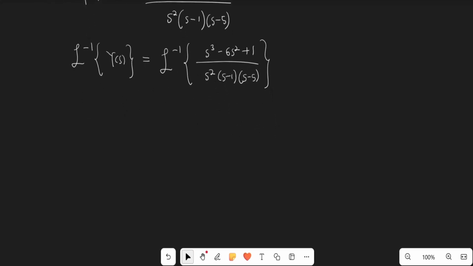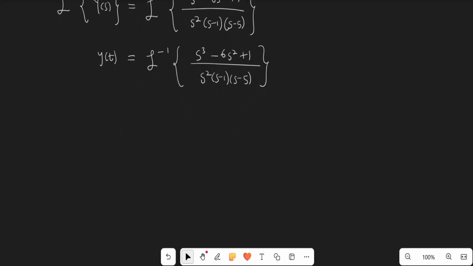So the Laplace inverse of Y(s), so we are going back, is now going to return y(t) in the t world, and this is equal to what we have here. We will now have to solve the Laplace inverse of this function, (s^3 - 6s^2 + 1) over s^2 (s - 1)(s - 5), like this. So this is what we have.